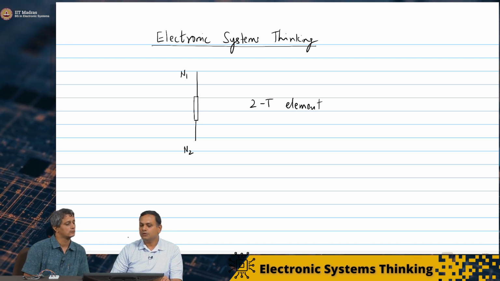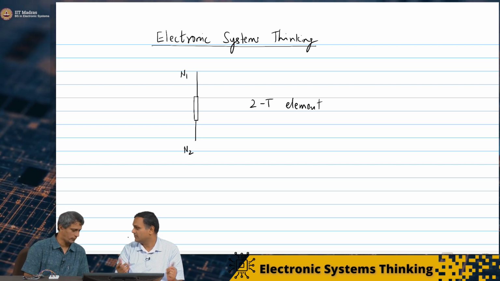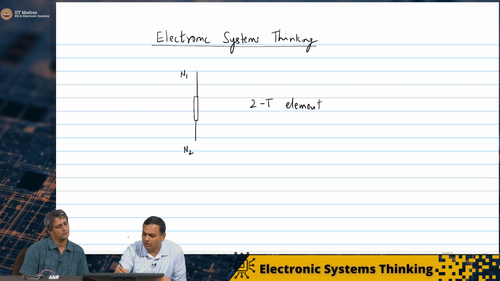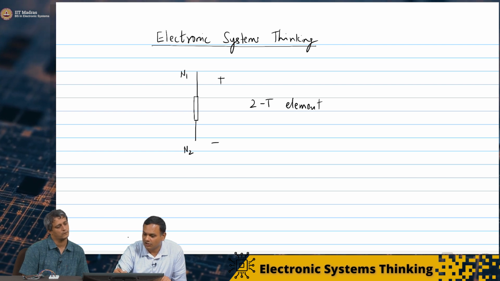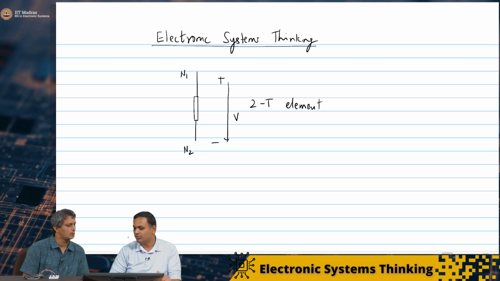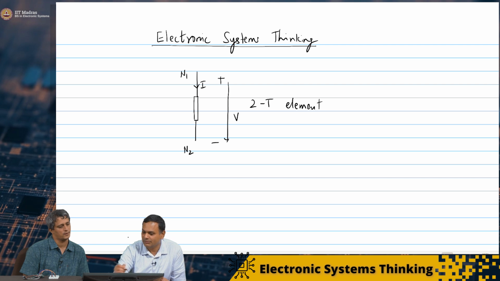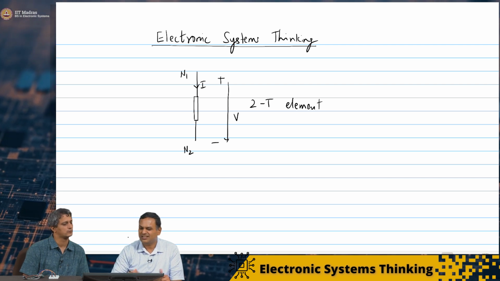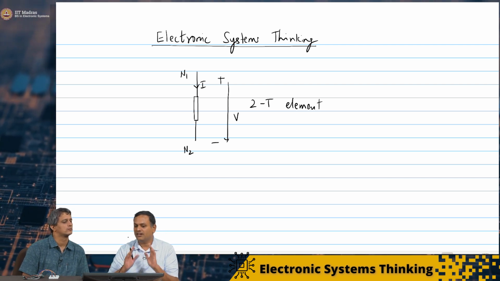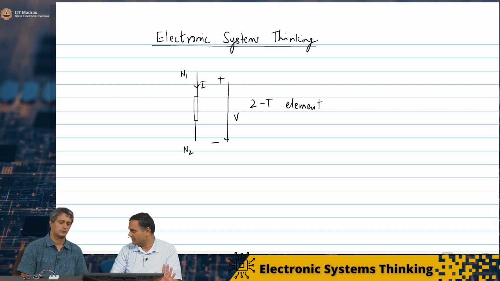We will also add current and voltages. So we normally talk of the voltage across. There is a voltage drop across the element, and there is also a current through the element. So this is some element with a current I through it and a voltage V across it.